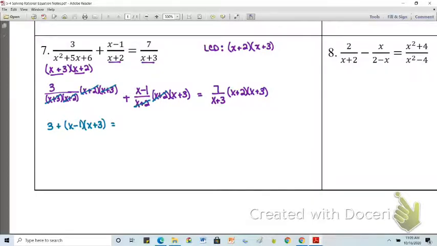Equals, my x plus 3's cancel, I'm left with 7 times x plus 2. So let's FOIL and distribute. This FOILs out to be x squared. I get a positive 3x and a negative 1x, which makes a positive 2x.